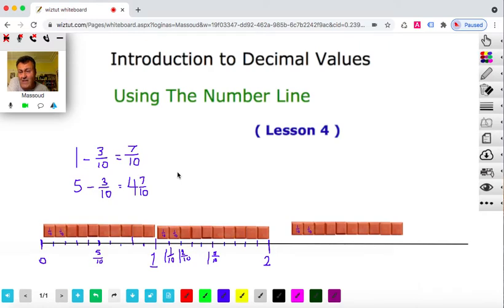Of course, adding would also be a good way to implement these understandings. So, for example, maybe 1 and 2/10 plus maybe 2 and 9/10. So 1 and 2 makes 3. 2/10 and 9/10 makes 11/10.